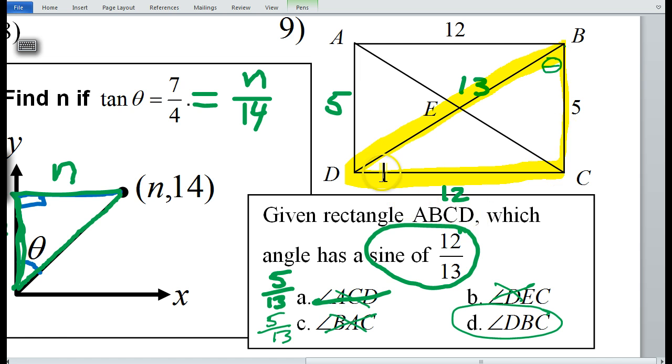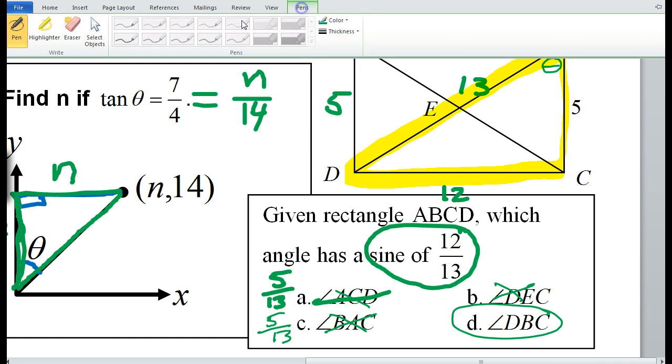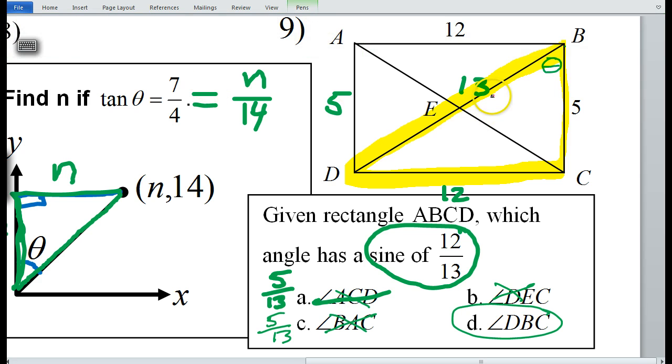That's the angle that I need. That's the triangle that I'm focusing on. So looking at that triangle, the sine of this angle would be opposite over hypotenuse. That would be 12 over 13. So that's the right one. That's the one that matches. So the answer is D.